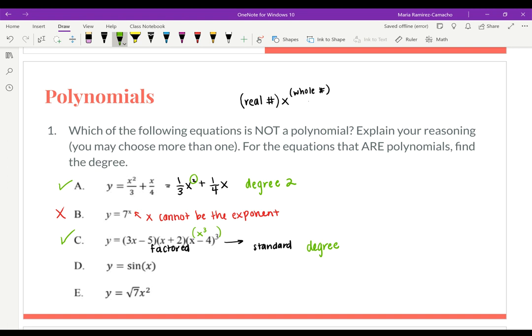Okay, and then now if you're going to think about multiplying 3x minus 5 times x plus 2 times x cubed plus or minus whatever the rest of that part of the polynomial looks like, you're going to have some term where you're multiplying 3x times x cubed, which is going to be 3x to the 5th power. Okay, that's the biggest term that you're going to have in this polynomial. And so this polynomial has degree 5.